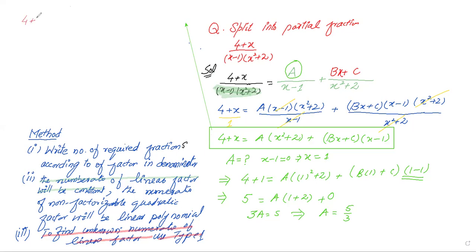There will be no change. It is equal to, when you open the brackets, I will get ax squared plus 2a plus bx squared minus bx plus cx and minus c.